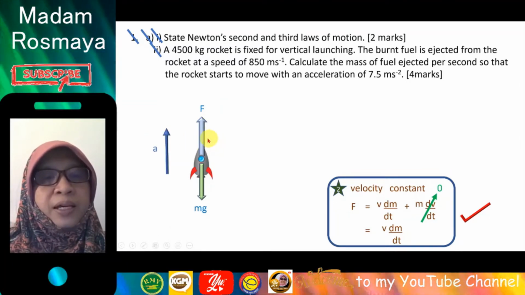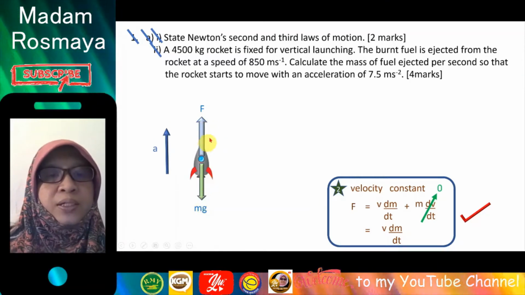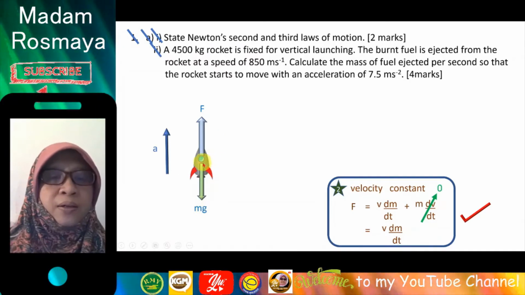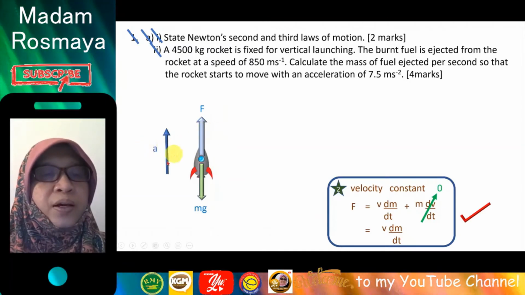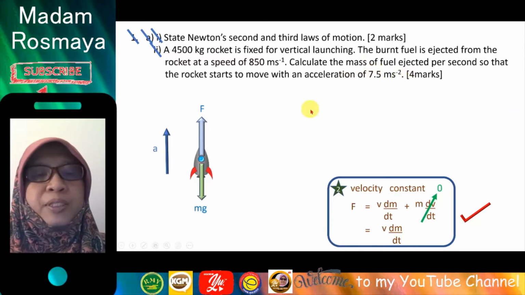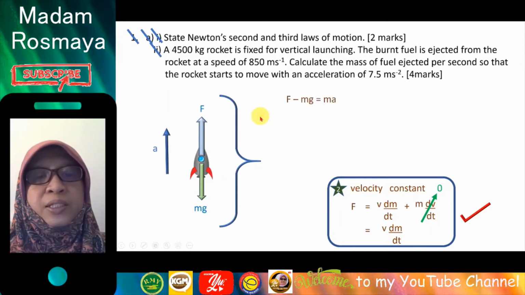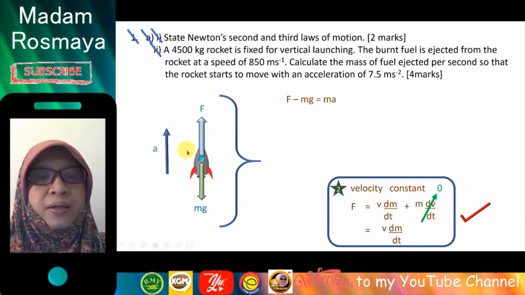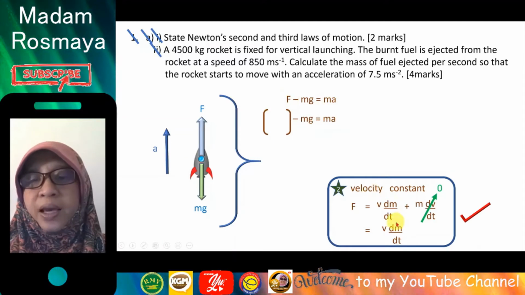And if F is larger than the weight of the rocket, F bigger than mg, that means the rocket starts to launch with acceleration a, given as 7.5 meters per second squared. So we can form the equation: F minus mg equals ma.